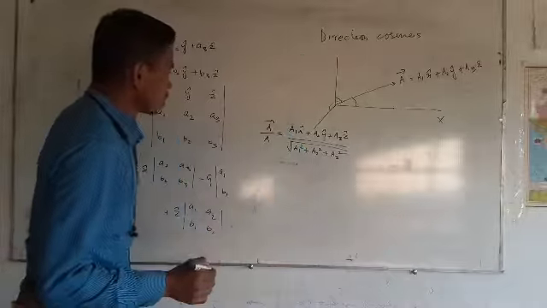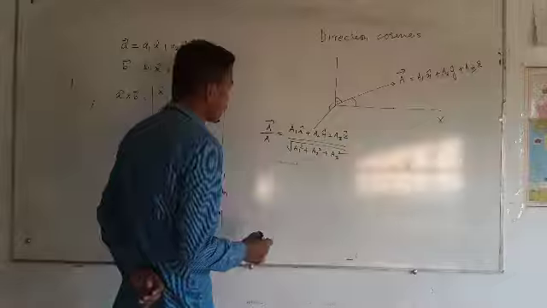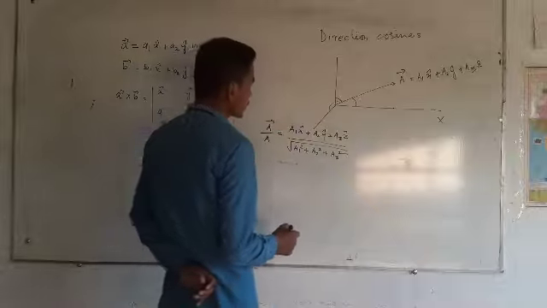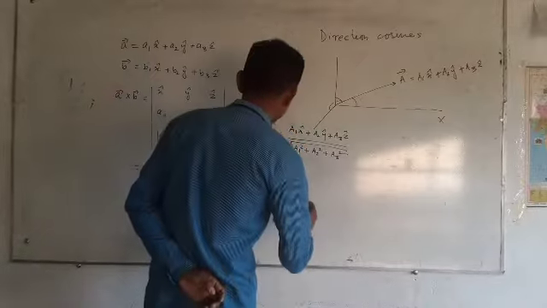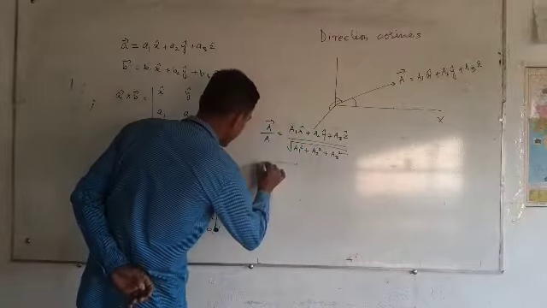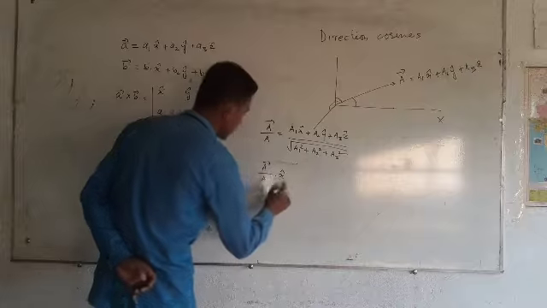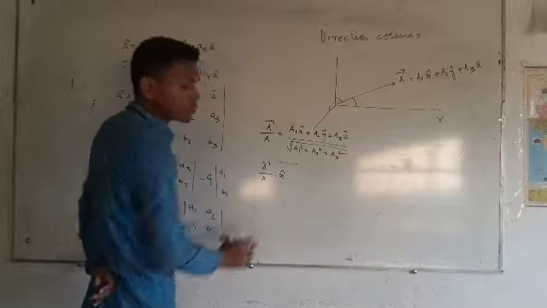Now the cosine of the angle made by a vector with the x-axis is given by the unit vector along A dot x cap. The unit vector A divided by A has unit magnitude, and x cap has unit magnitude.